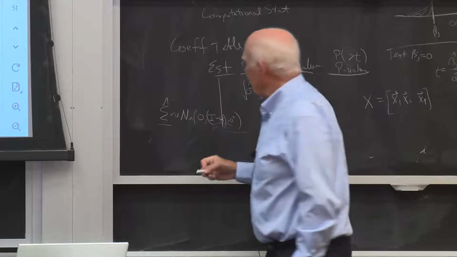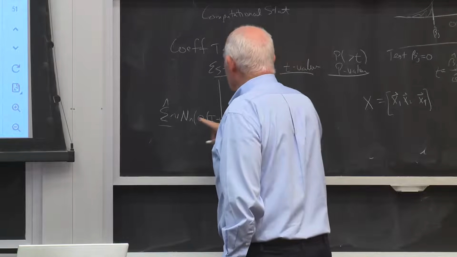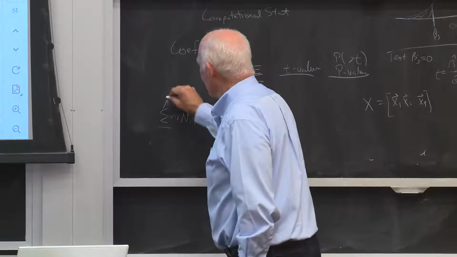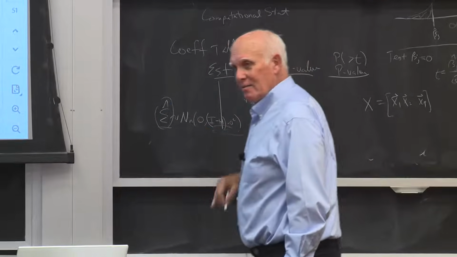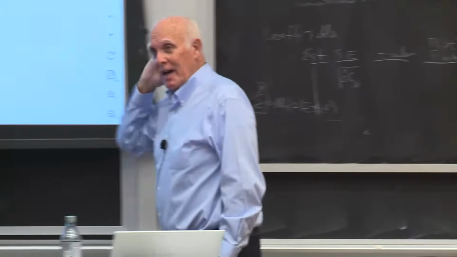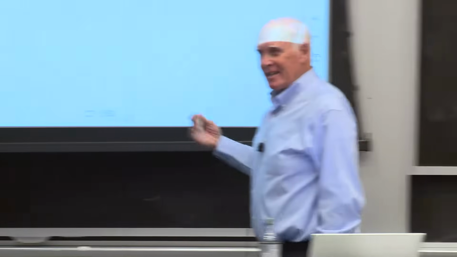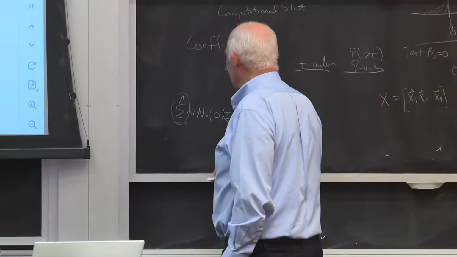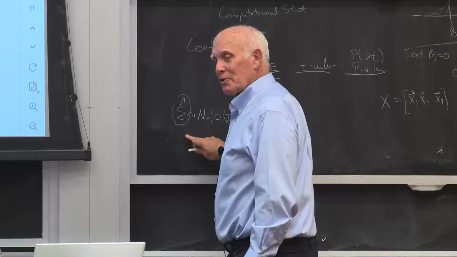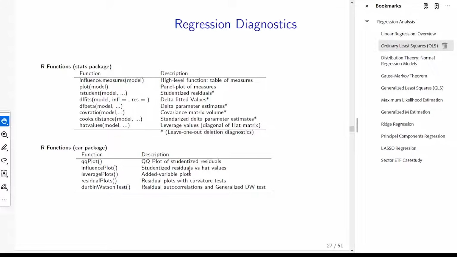And so studentized residuals basically divide the residuals by the square root of an estimate of that variance. And that estimate of the variance in the divisor leads to non-normal but t distributions for the epsilon hats. So we'll see that play out in a moment.